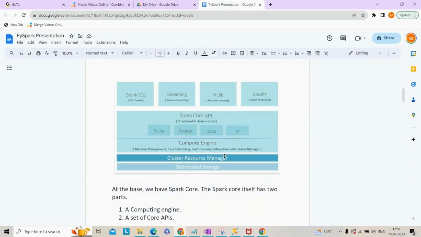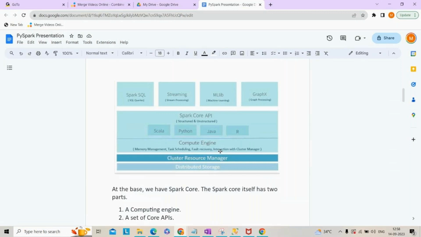It means whenever you submit any job to Spark, the computation engine will take care of all these things.